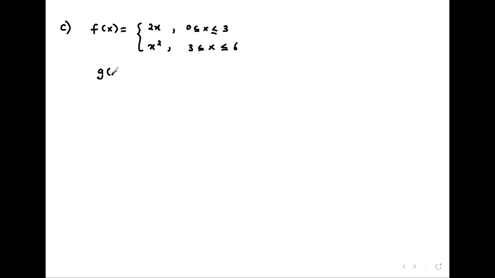And G of X is 3X for 0 less or equal to X less or equal to 3, X squared for 3 less or equal to X less or equal to 6.